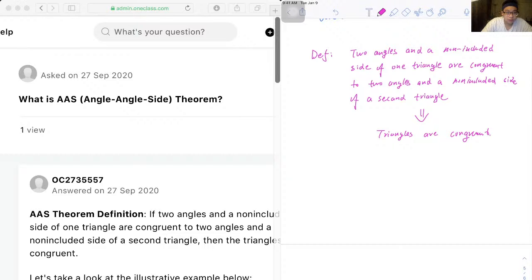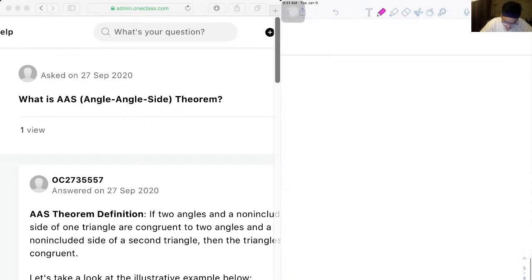So let's use an example to explain this. Let's say I got two triangles right here. So that's ABC, and I also have another triangle.